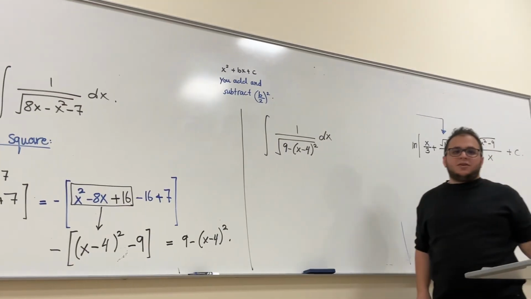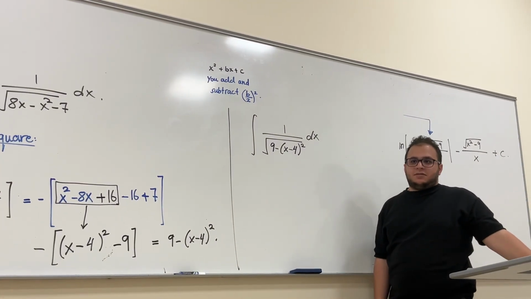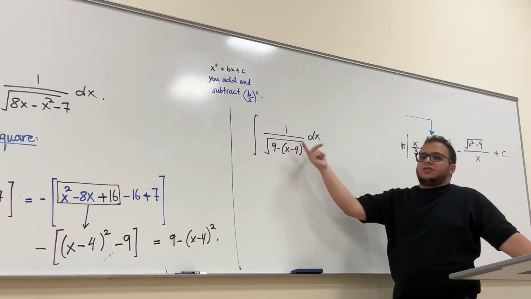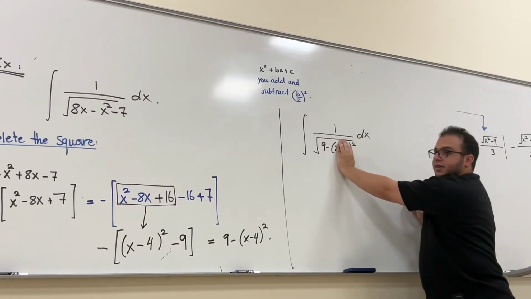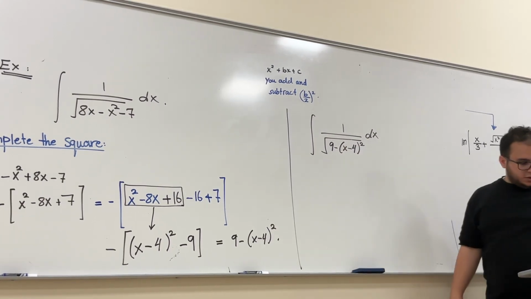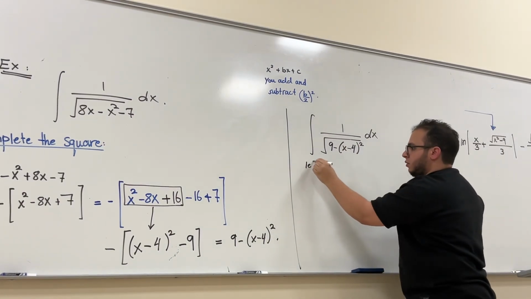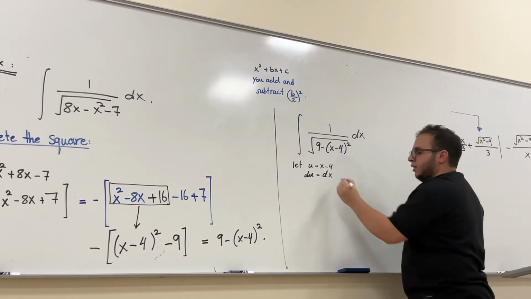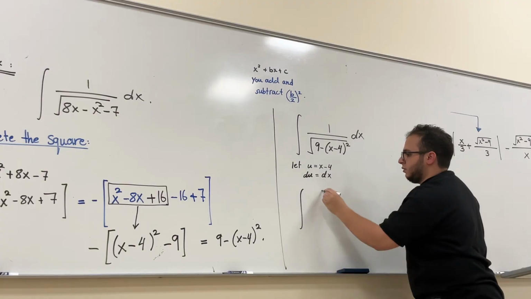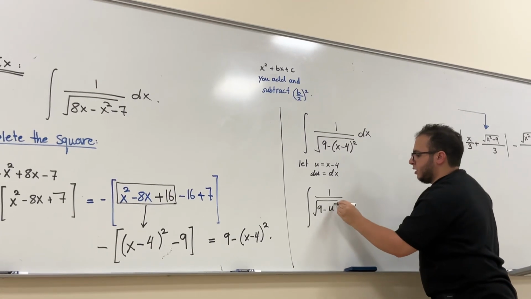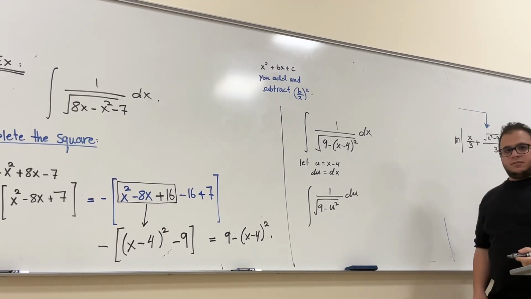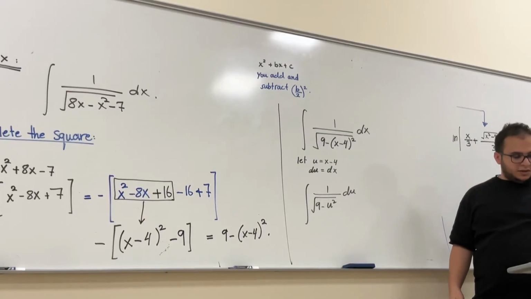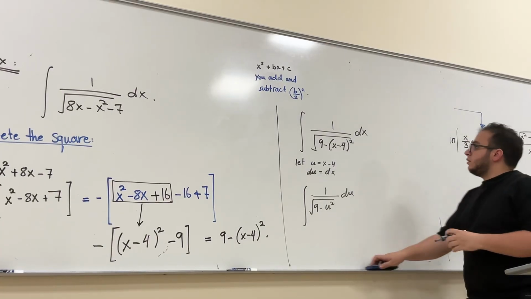So which case is this now? A squared minus x squared. Now you can treat this like the x. If you want, you can say let u equal x minus 4. This substitution doesn't do anything, but it just makes you see it in a better way. So it becomes 9 minus u squared. Now it's very clear that this is the sine case, a sine theta.